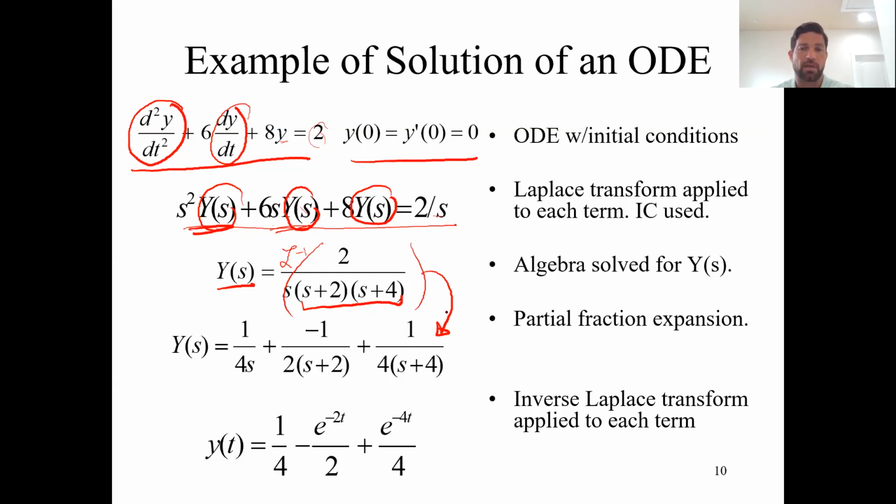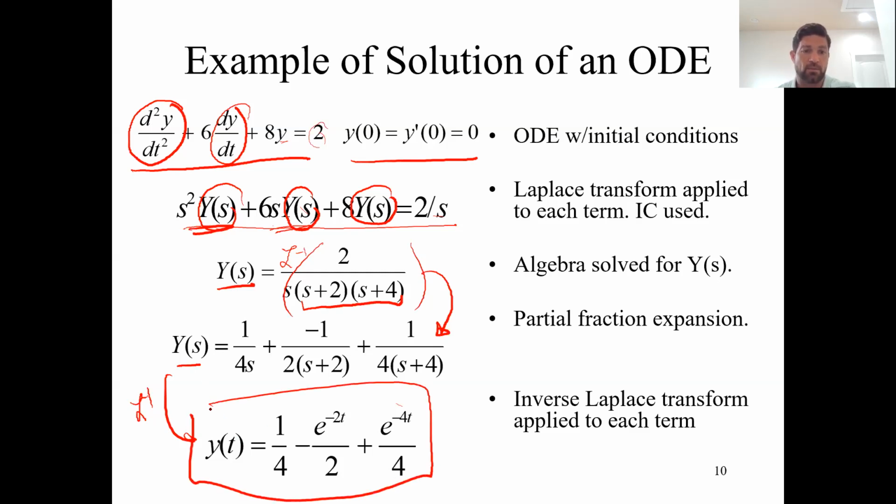When we apply the partial fraction expansion, and again, I'm not going to go through the details right here, but it applies similarly to what we did on the previous slide, we end up getting the term Y(s) still as a function of s, but now we can take the inverse Laplace of all of these individual terms. So here we take the inverse Laplace of the individual terms and we solve for y of t, which is the solution to this initial differential equation.